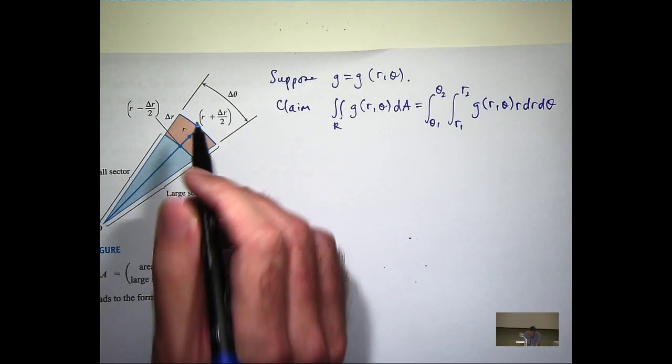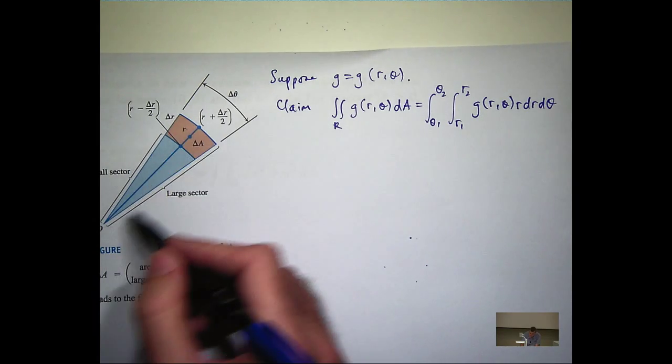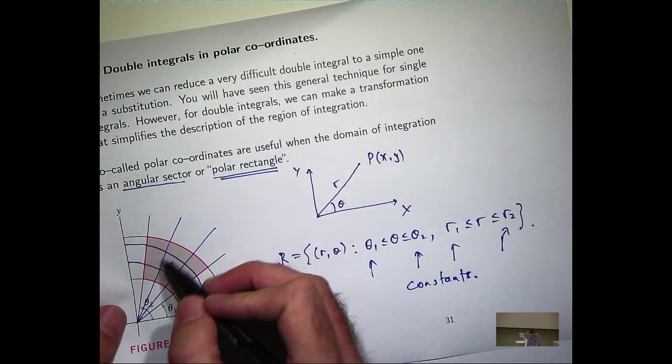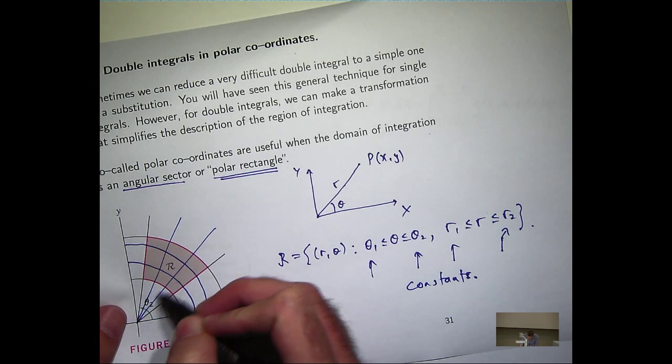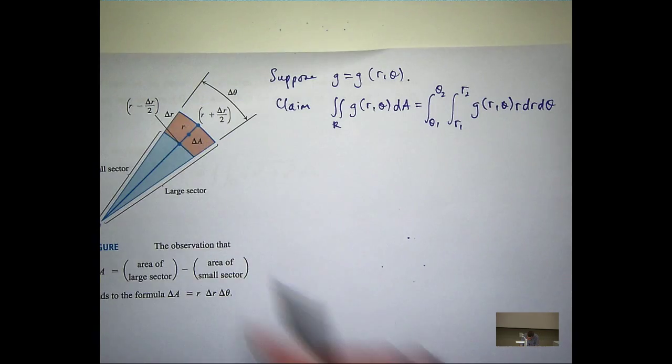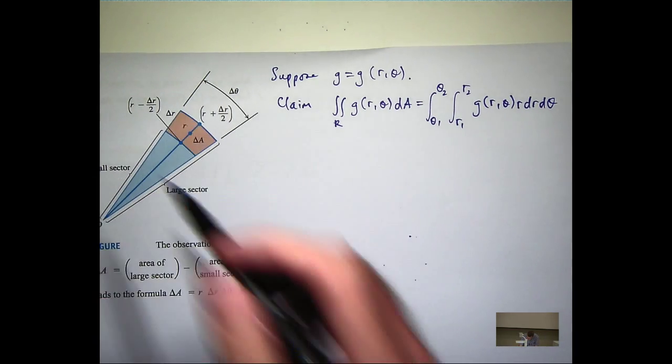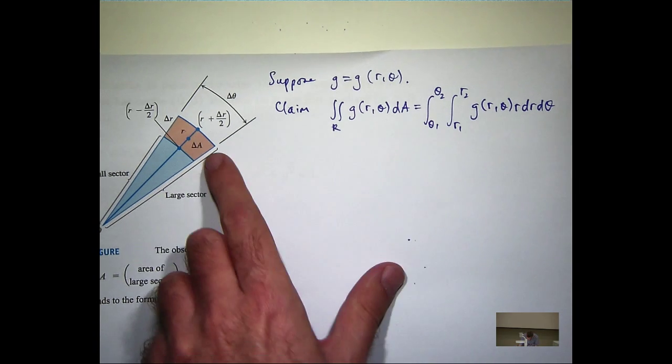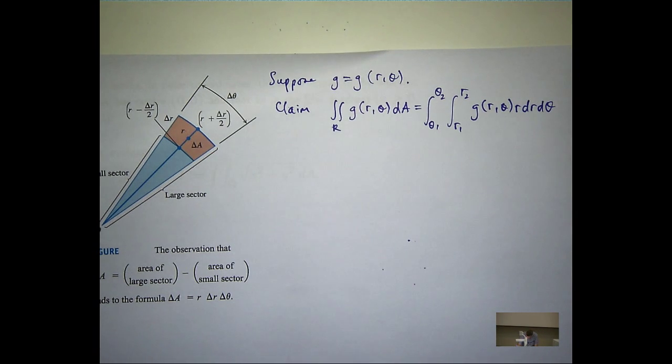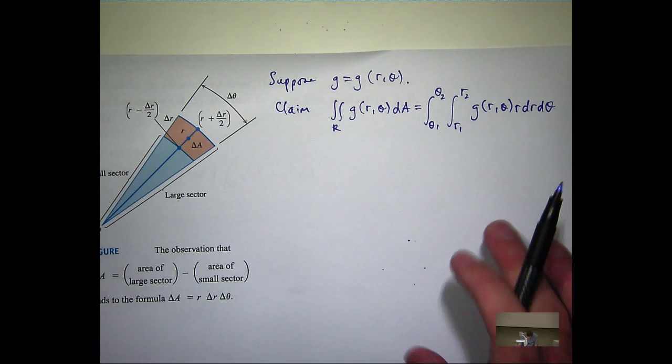Think of that little polar rectangle as this. Now, you can form this wedge, which goes all the way down to the origin. Let's say that orangey wedge has area, say, delta A.